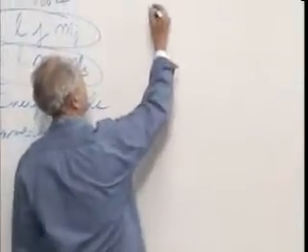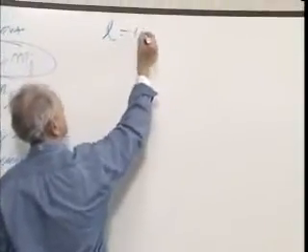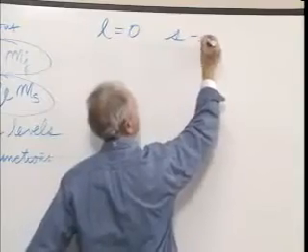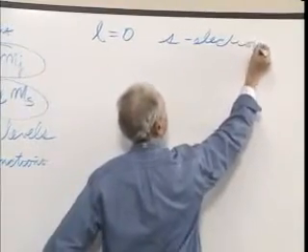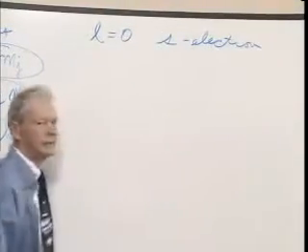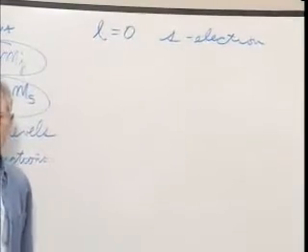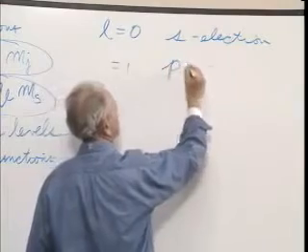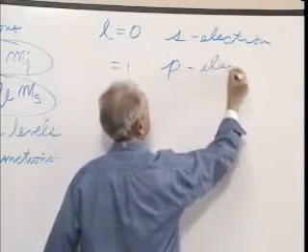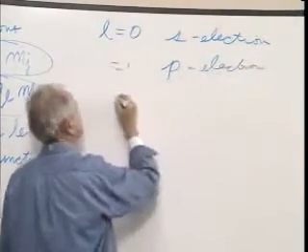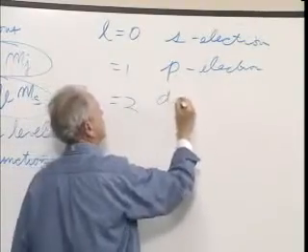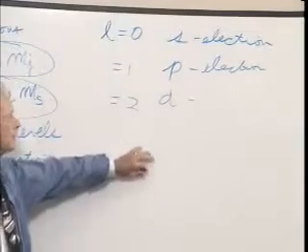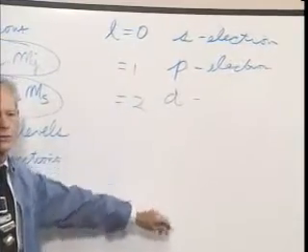When L is equal to 0 for an electron, we say we have an S electron. It's another piece of lore that grew up with the field. When it's equal to 1, we have a P electron. And when it's equal to 2, we have a D electron, and so forth. The next one happens to be F, and then G, and so forth.